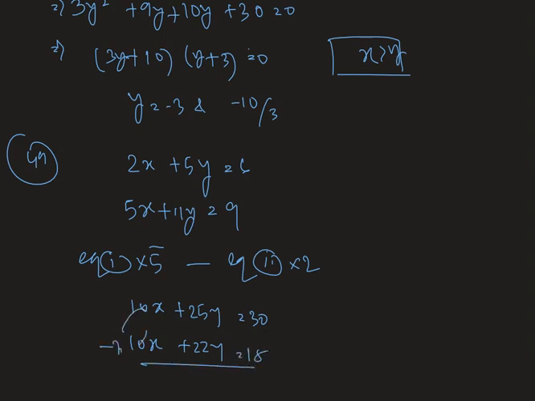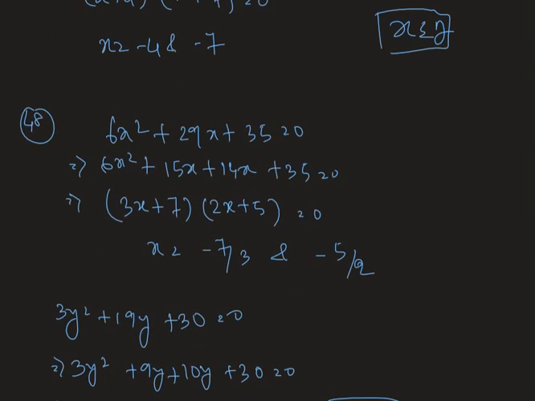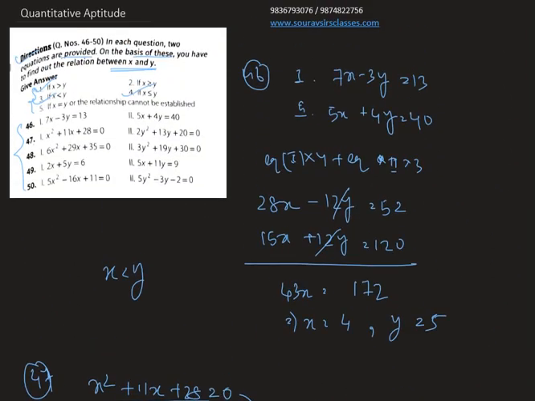Therefore these two portions are cancelled out. After that we get 3y equals 12. Hence y equals 4 and x equals minus 7. Hence x is strictly less than y. Therefore here also option 3 is correct.